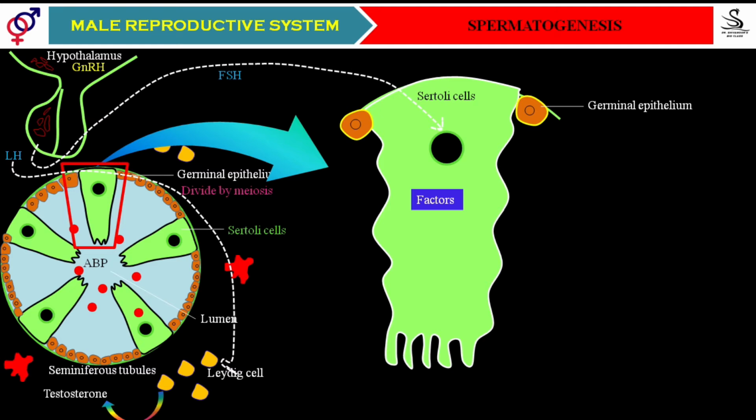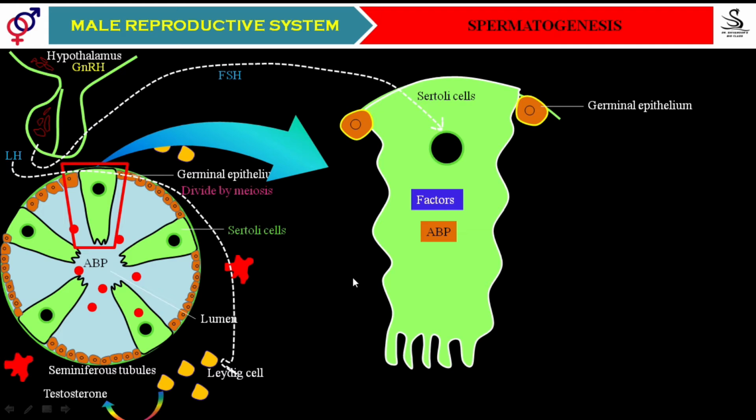These factors play a very important role in the process of spermatogenesis. One protein factor that is produced is called androgen binding protein. It is another factor which is secreted by the Sertoli cells once they are activated by the FSH. What is the role of this protein?